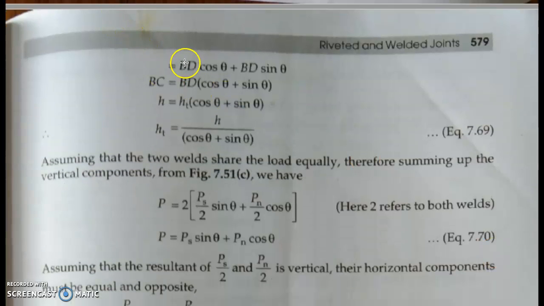That is BC is equal to BD into cos theta plus sin theta, or we can convert these into H and HT. That is BC is equal to H and BD is equal to HT. So we can write it as H is equal to HT into cos theta plus sin theta, or HT is equal to H divided by cos theta plus sin theta. So consider this as equation number 1.